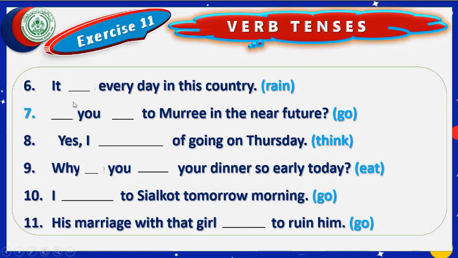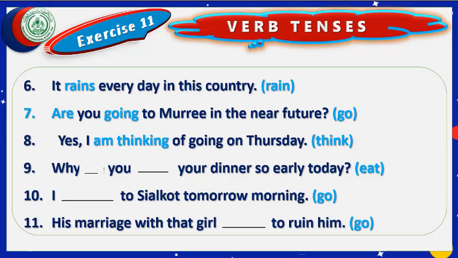Part number 6 will be done. It rains every day in this country. This is present simple tense and this is repeated action for which we shall use present simple tense. Next will be, are you going to marry in the near future? Yes, I am thinking of going on Thursday.